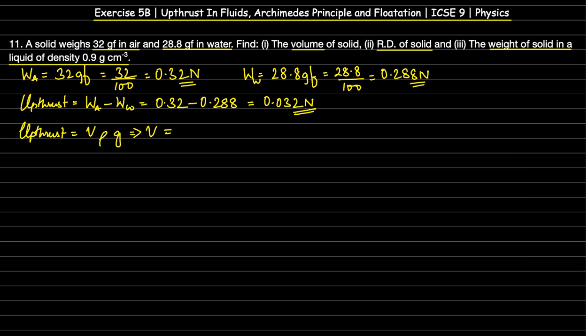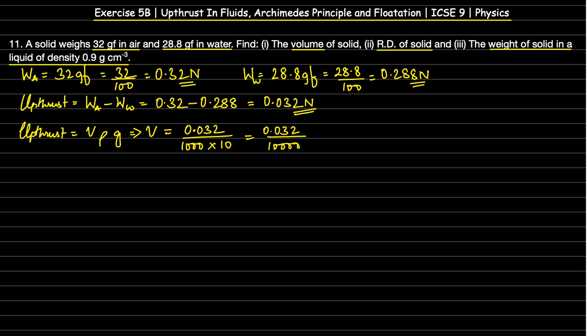So upthrust is 0.032 divided by rho is 1000, because for water density is 1000, into acceleration due to gravity is 10. So we get this as 0.032 divided by 10,000.